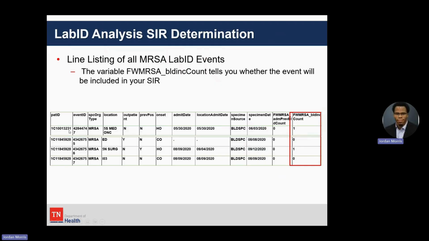So our first patient, ending in 231, location is the medical oncology, admitted on May 30th. Or excuse me, the specimen date is June 3rd.